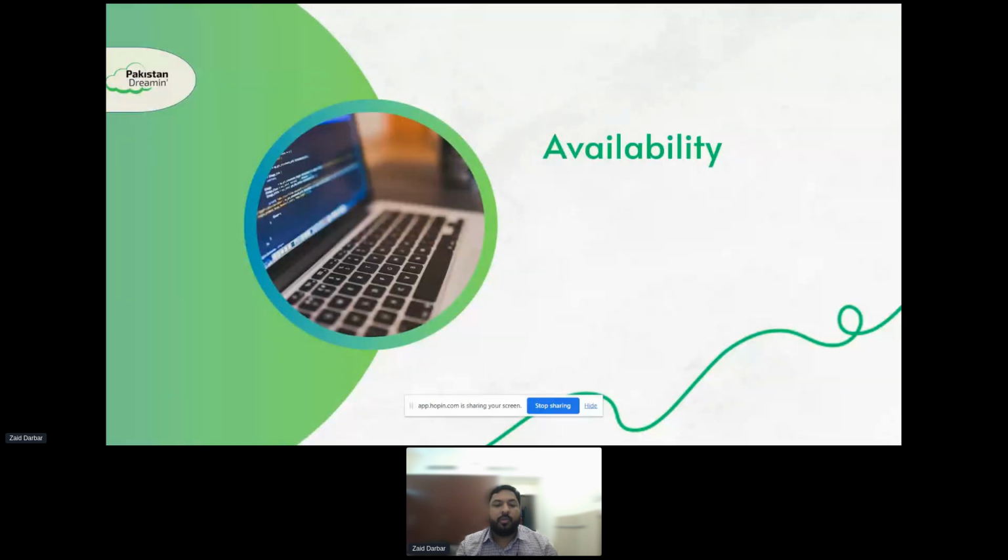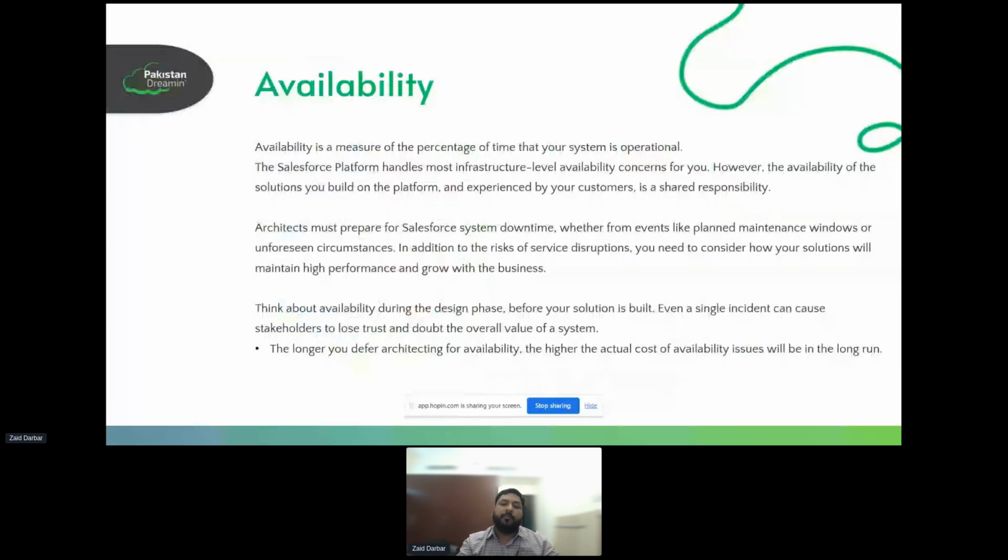So, what is availability first? Availability means that if a user wants to use the system, it should be available. There are two types of availability. The first one is the infrastructure level.